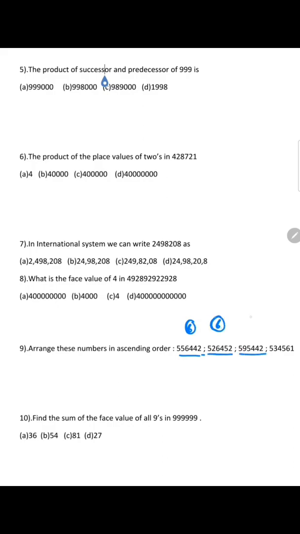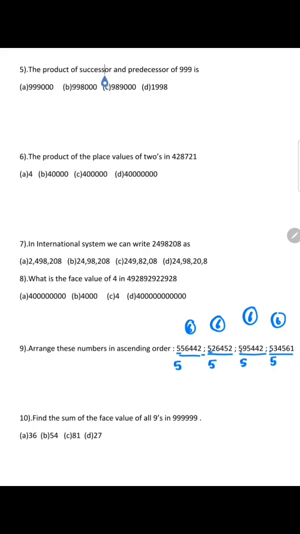In the third number also I have 6 digits. In the fourth number also I have 6 digits. The next thing we have to check is its lakhs place. So we will check the lakhs place first. We have 5 in the lakhs place. Here also 5. Here also 5. Here also 5.